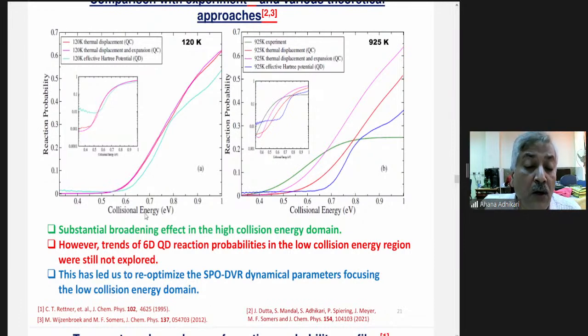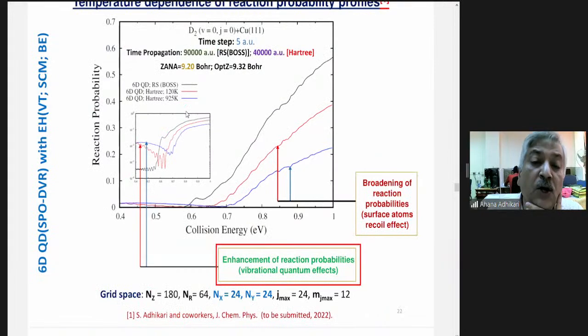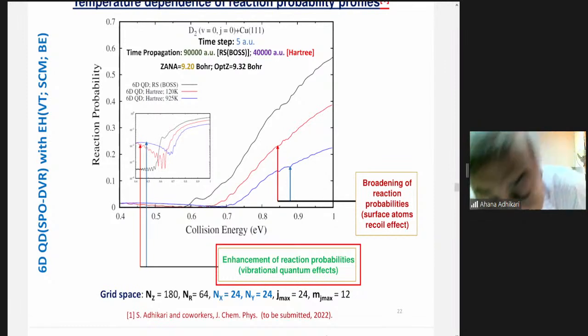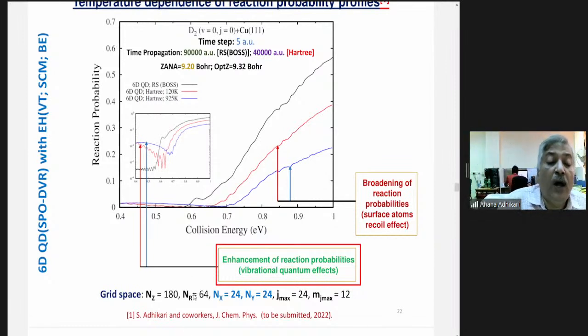This is the reaction probability when H2 hits the copper 111 surface. In case of deuterium hitting the copper 111 surface, for an estimation, this kind of calculation is a parallel program and actually takes 40 days. That means for each energy, the calculation takes 40 days on a Cray kind of computer.